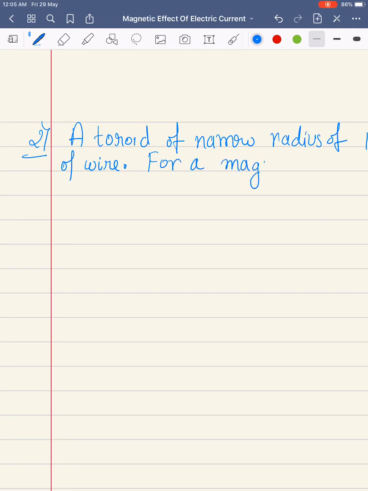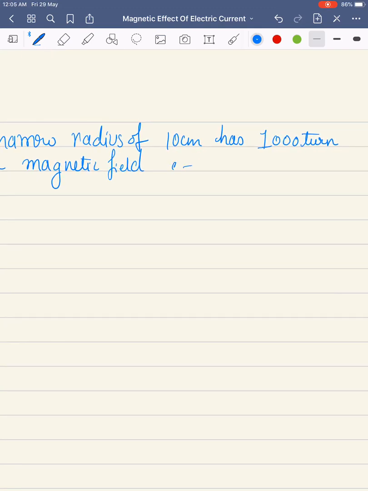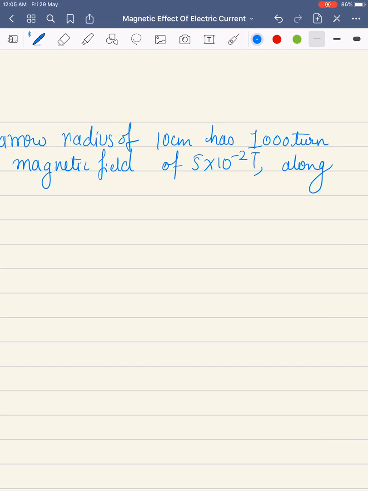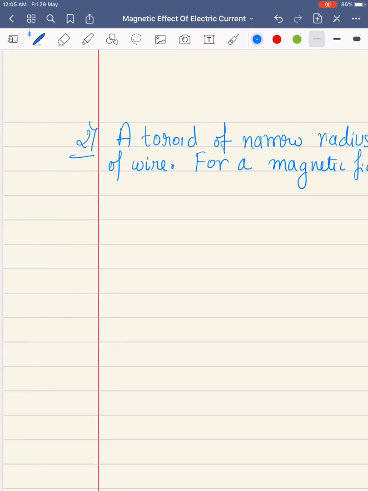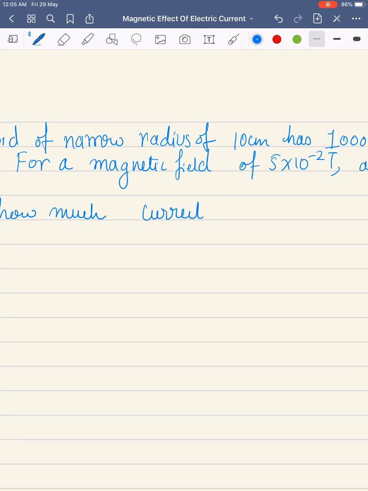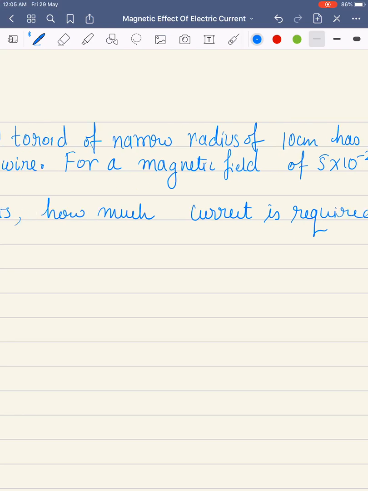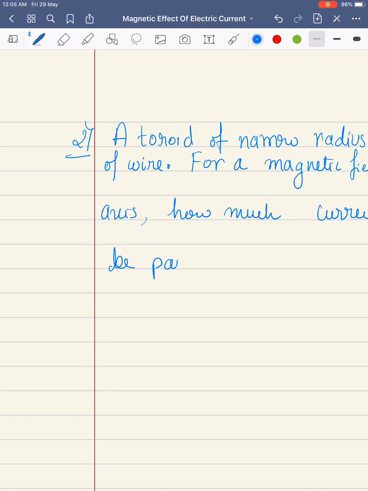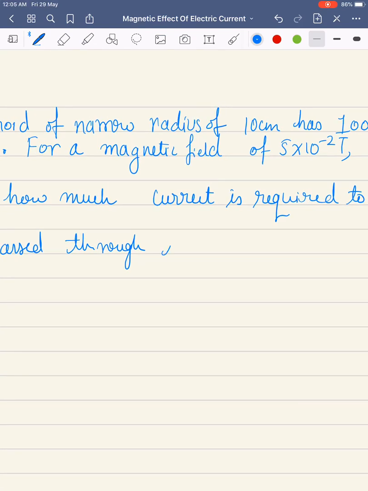For a magnetic field of 5 into 10 raised to minus 2 Tesla along the axis, how much current is required to be passed through the wire. So basically they are asking us the current.